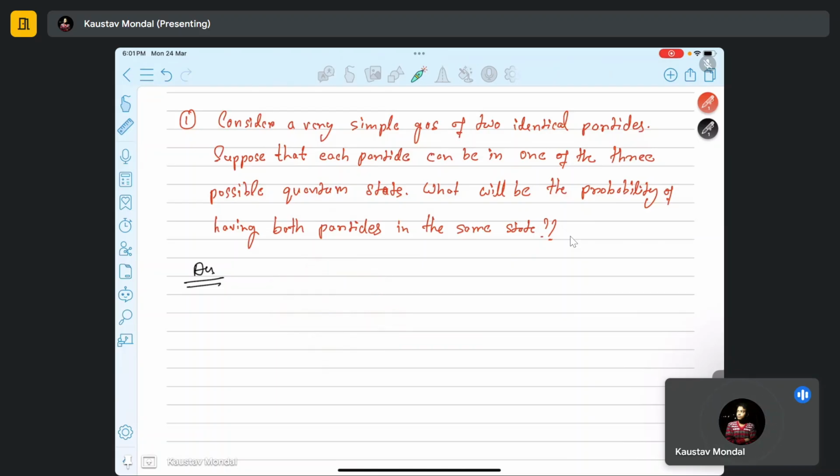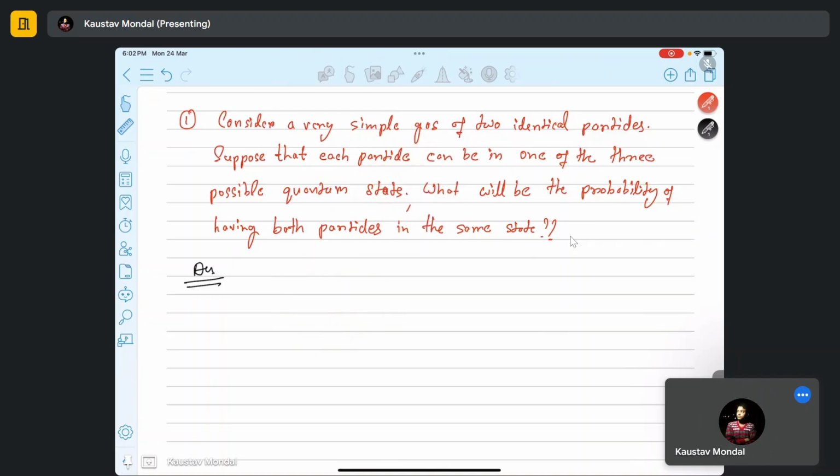So before solving this problem, let me just point out something. Here actually one crucial thing I missed.